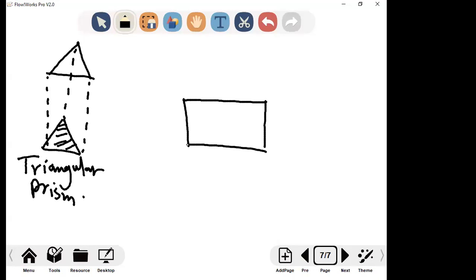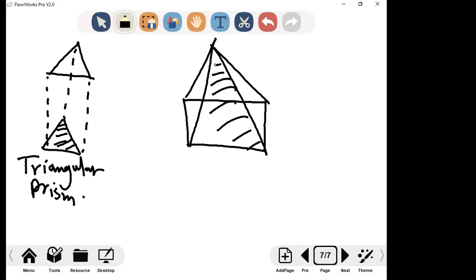Done? Look here. Rectangle, right? Okay. How many bases do we have here? One base, and it is a rectangle, and the sides around are all what? Triangles. Look at this side here, this side here, this side here, and the side on the back are all triangles.